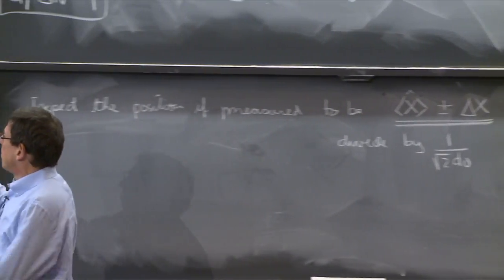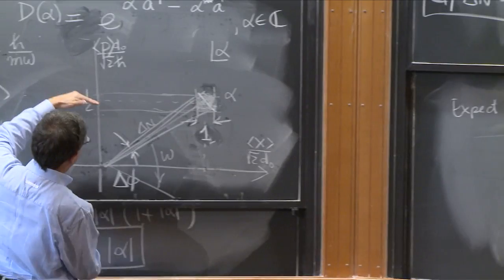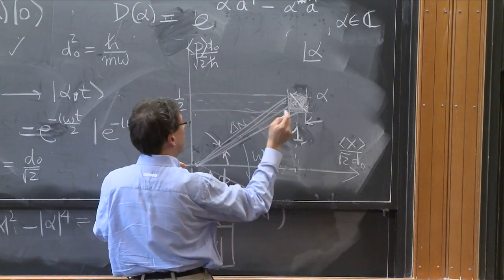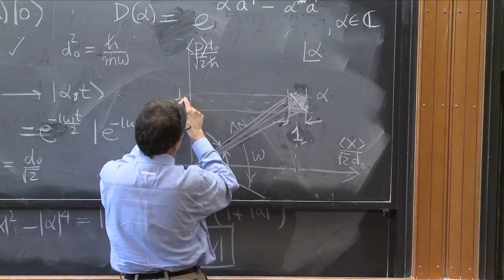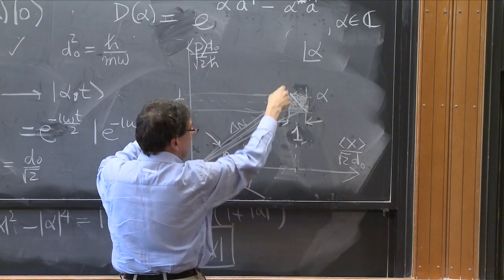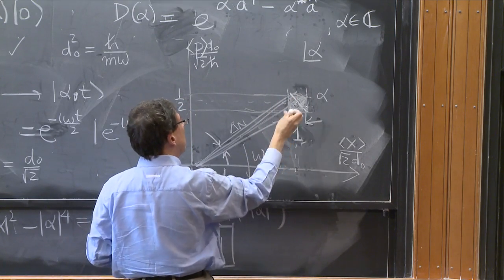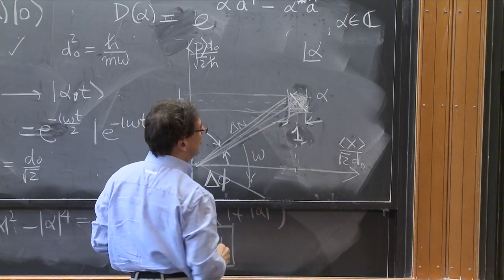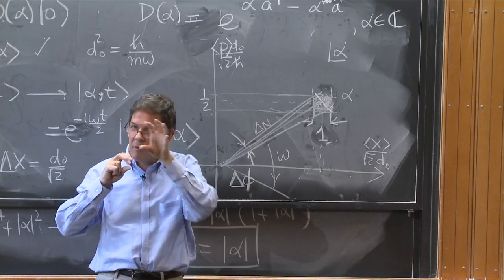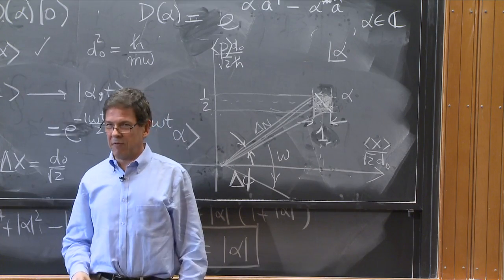You measure the position, you're going to get that. Similarly, you decide to measure momenta. You don't measure position, you measure momenta, and you're going to get roughly the expectation value, but with a little plus minus uncertainty. So you're going to get all points here in your measurement. So this dashed thing is your histogram after doing lots of experiments.